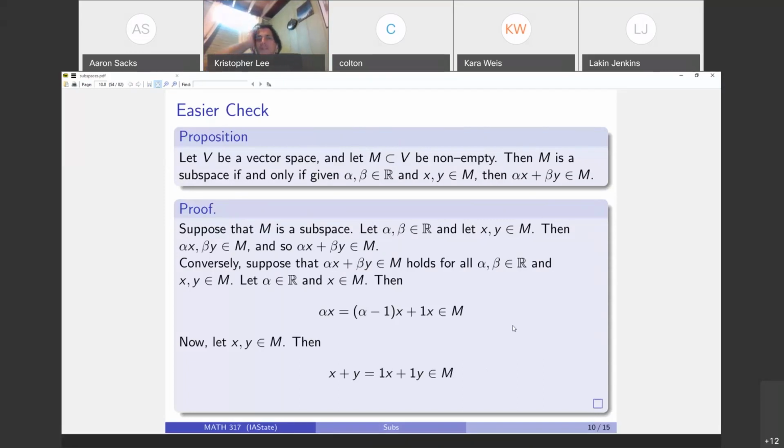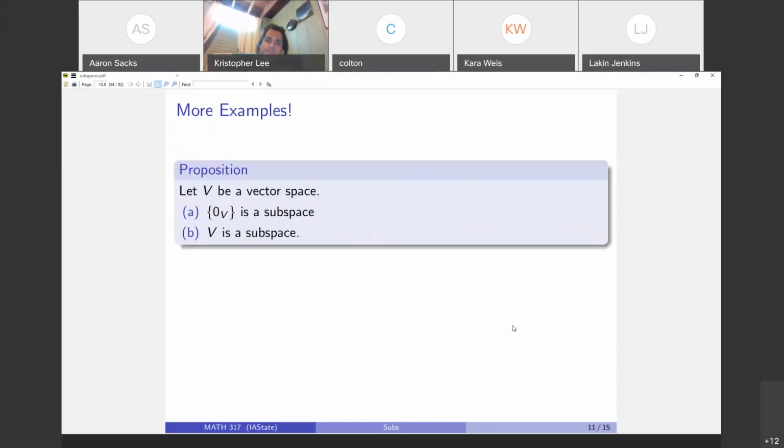All right, now equipped with this easier check for determining subspaces, we can quickly identify a couple of things that are subspaces themselves. So this gives us a much easier way of detecting subspaces, a more streamlined approach. So, more examples.